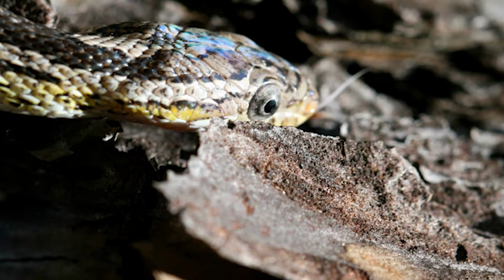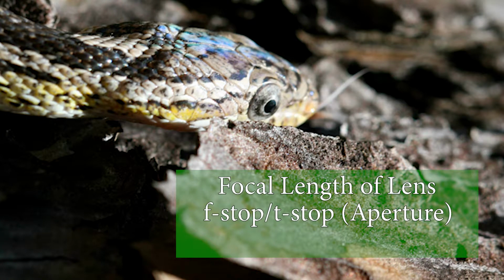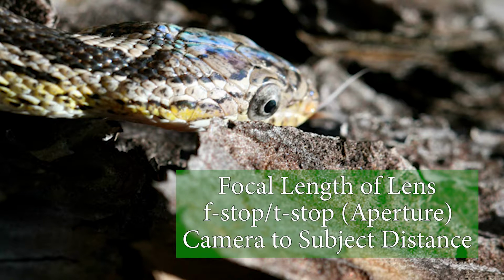Depth of field can be controlled or determined by three factors: the focal length of the lens, the f-stop, meaning the aperture opening, and also the camera to subject distance.